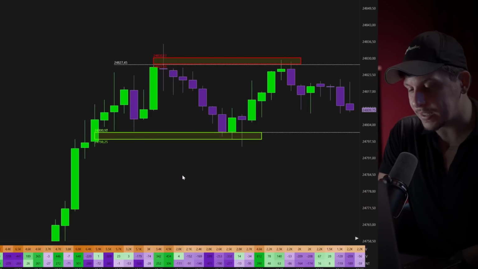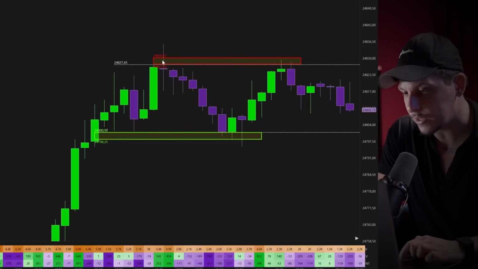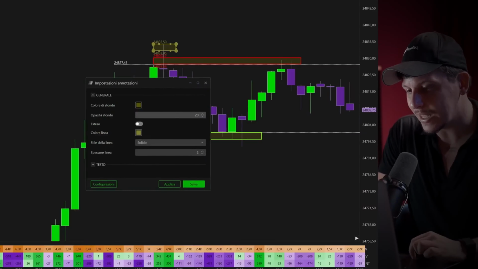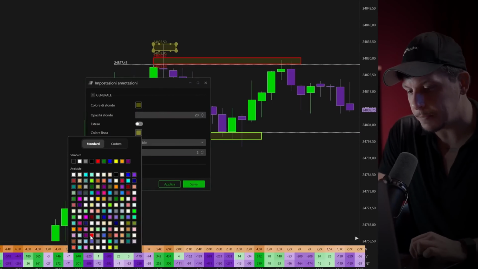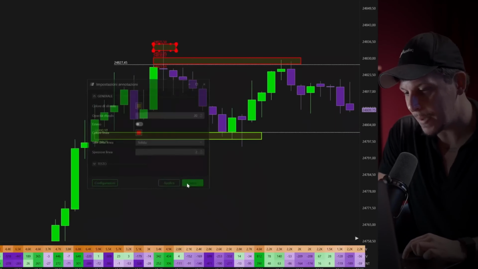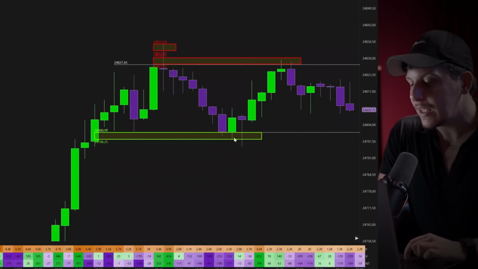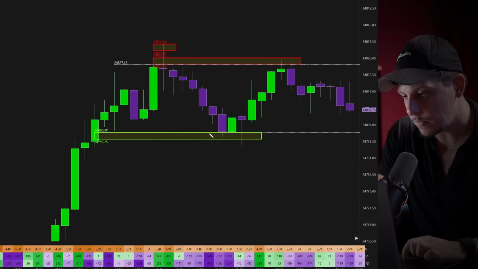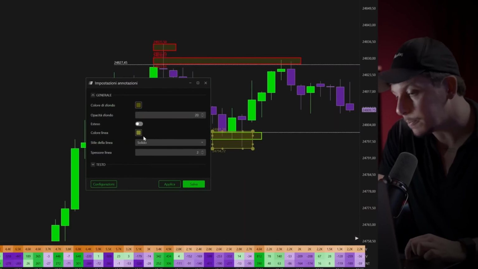In this case, you can see that buyers got really aggressive on the top, but they didn't manage to break through. They are being absorbed really heavily by the sellers. But here, you can see 599 of delta in a total volume of 2,832, and they tried to do the same from the low part and got absorbed.